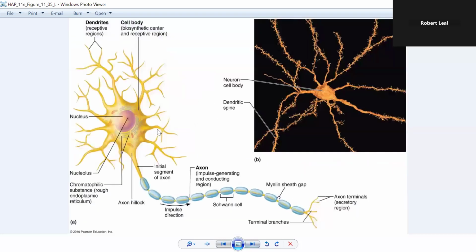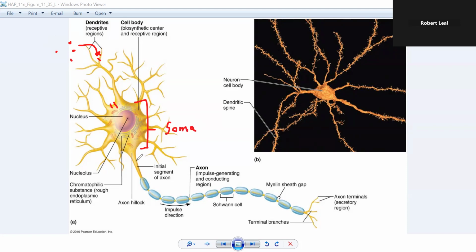All right, going back to our picture of the multipolar neuron, going over the features of the neuron, it has again branches called dendrites where other neurons can communicate to this neuron by releasing chemicals called neurotransmitters. And then the neurotransmitters have to bind to chemically gated channels located on the dendrites or on the cell body. The fancy name for the cell body, which is not listed here, is soma.